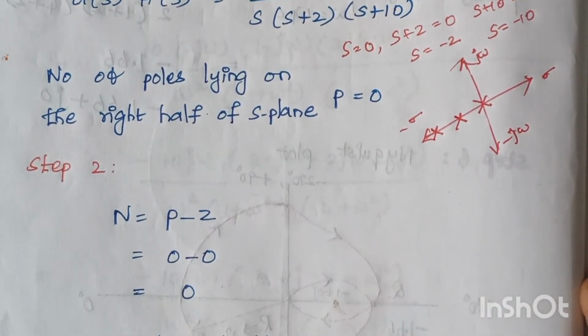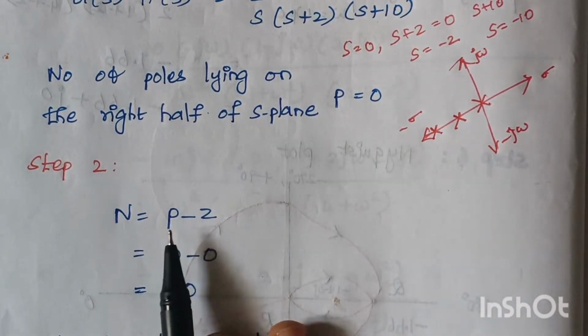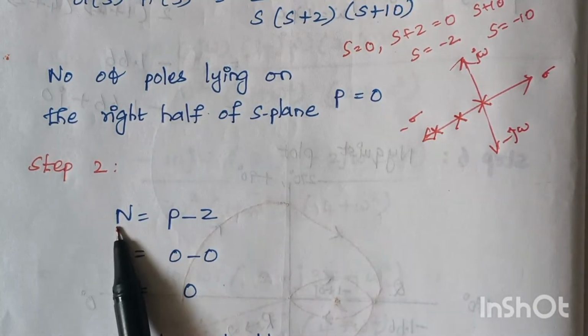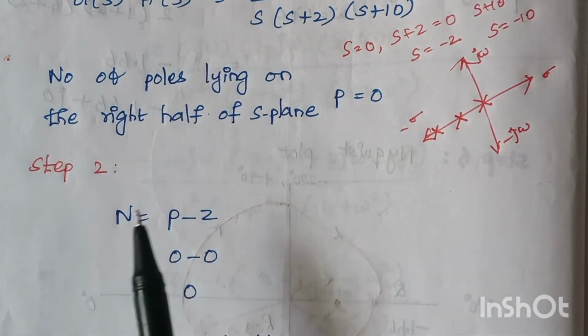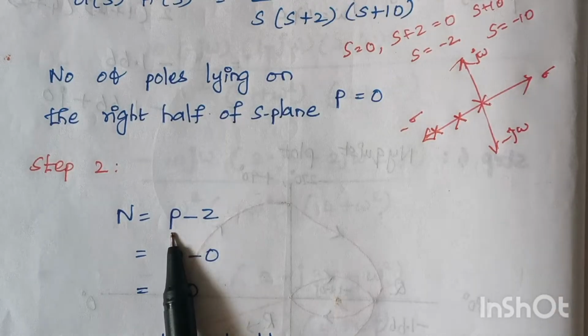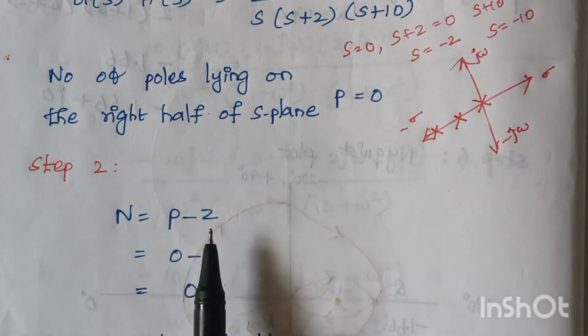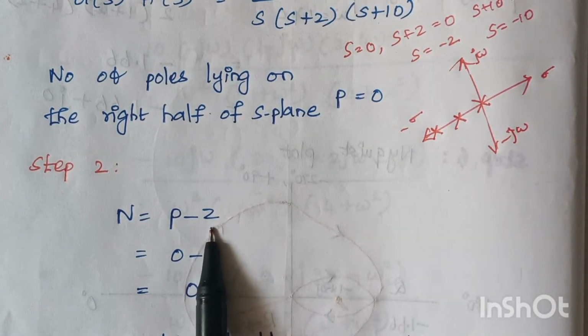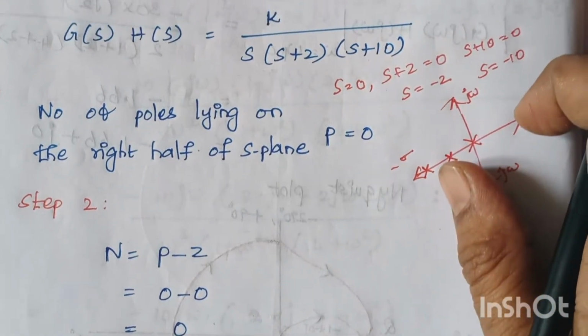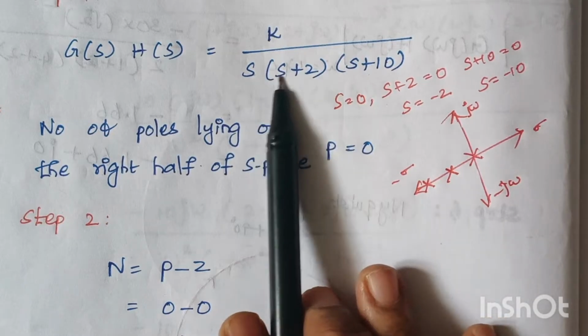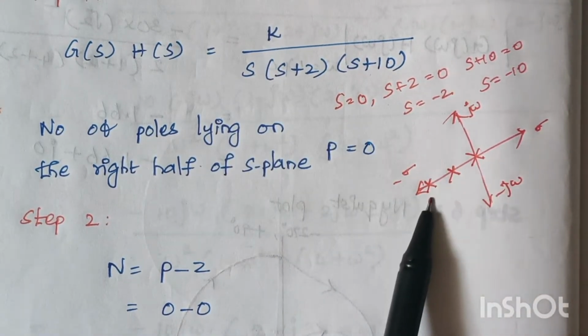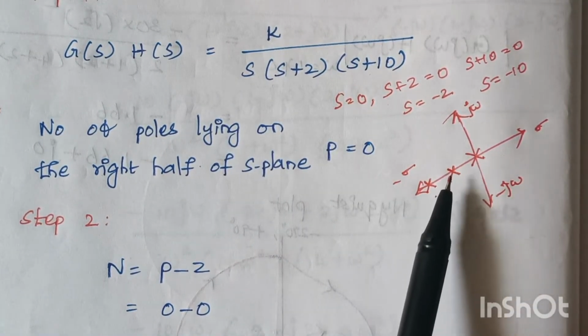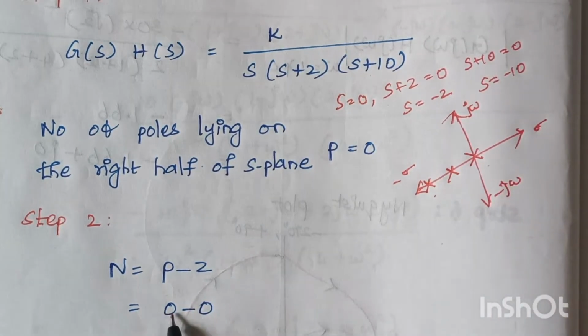Then the second step is n is equal to p minus z. Here n is the number of encirclements, p is the number of poles lying on the right half of the S-plane, and z is the number of zeros lying on the right half of the S-plane. All the poles are on the left half, so p is 0.